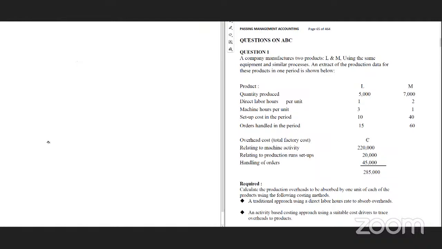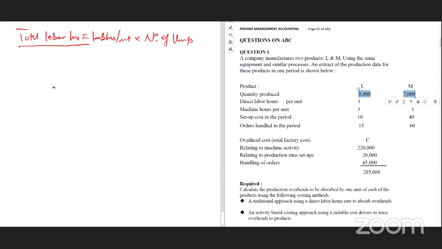Direct labor hours. So now what is the total labor hours for the period? Total labor hours is our labor hours per unit times the number of units produced during the period. You get the idea. We know that we have direct labor hours per unit for each of the products, and then how many units we produce, right?